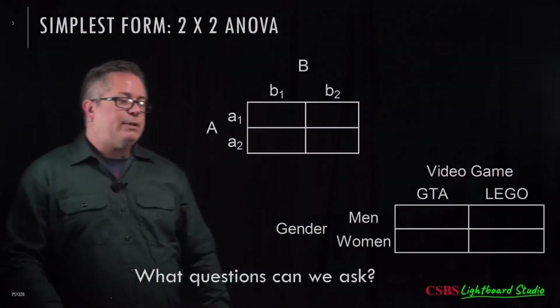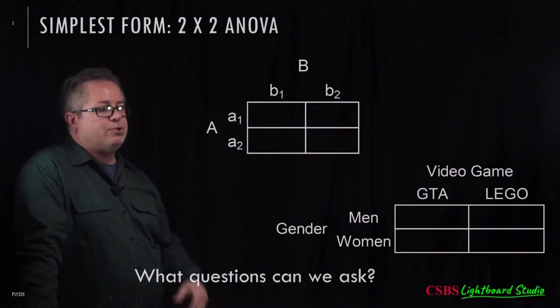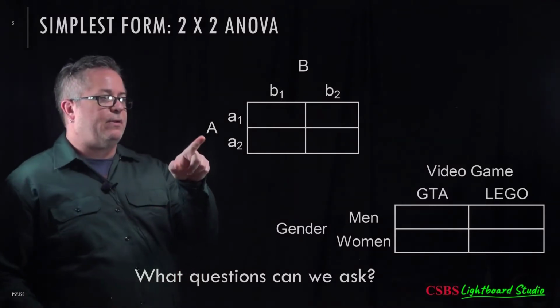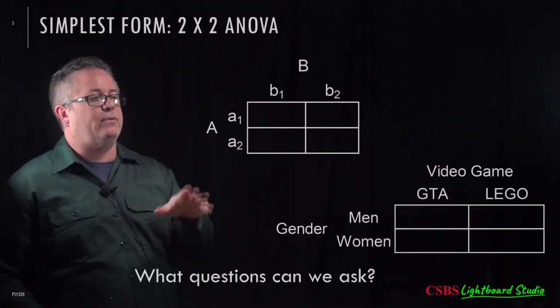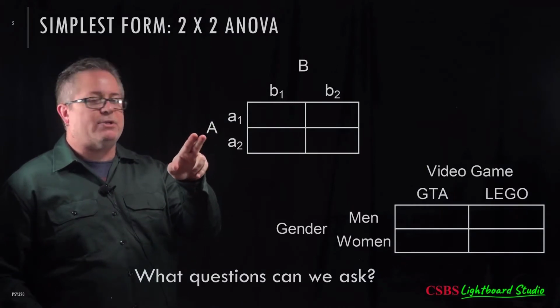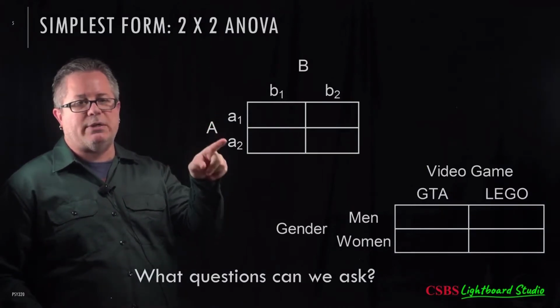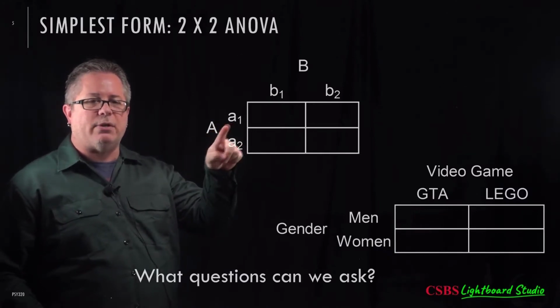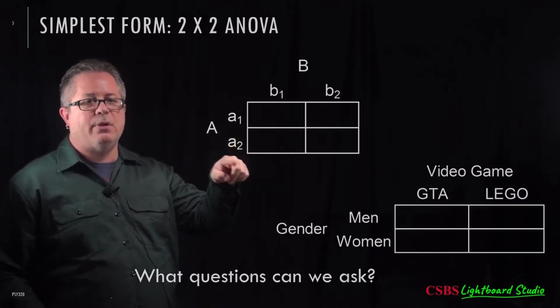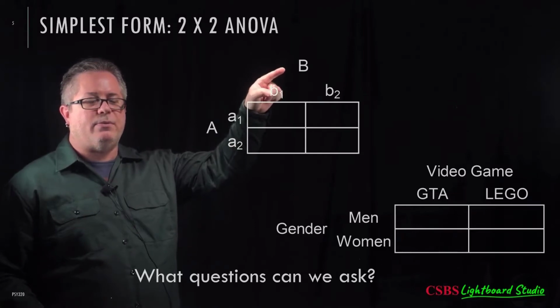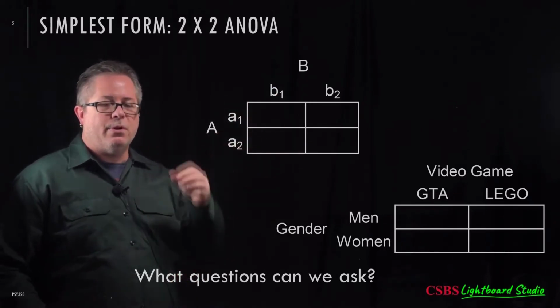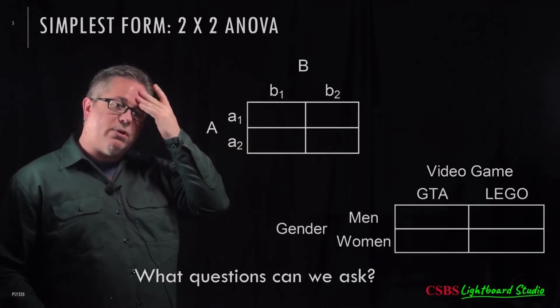So in the simplest form, generically, we can think about having some kind of IV we'll call A. So this is IV A, and IV A has 2 levels. It has A1 and A2, whatever those are, it doesn't matter. This is just generic. And with B, which is a second independent variable, we're going to have 2 levels there too, B1 and B2.